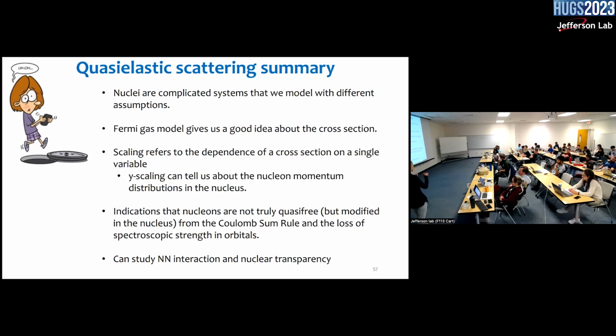So you can start to make kinematic choices in your selection of what it is that you measure, your data reduction, and you can start to rule out some of the other things that look like this. You can also go to certain Q squared and certain x where certain effects are less. But yeah, they're backgrounds.